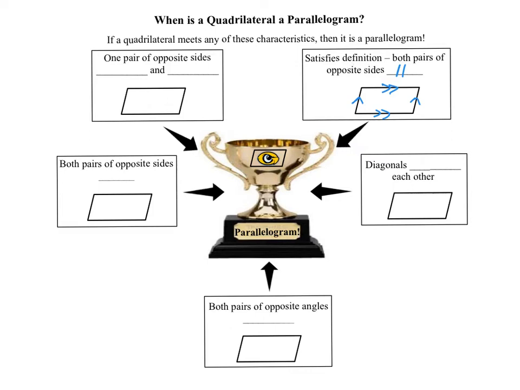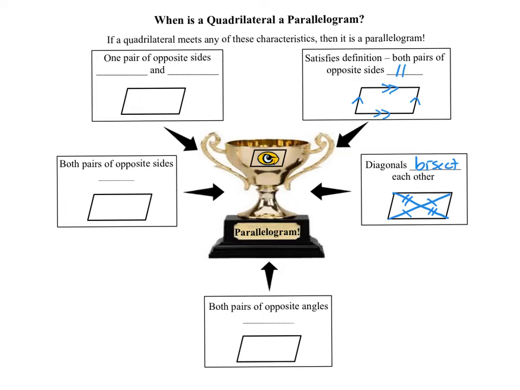Secondly, if we have a quadrilateral where the diagonals bisect each other, that is enough to guarantee that the quadrilateral is a parallelogram. On this diagram, go ahead and draw the diagonals, and indicate with tick marks that those diagonals are bisecting each other.